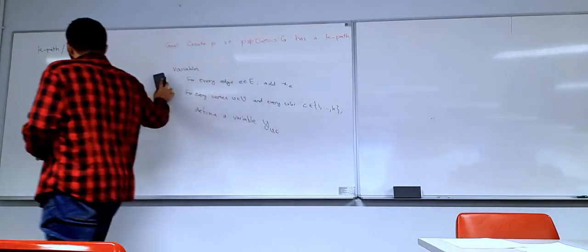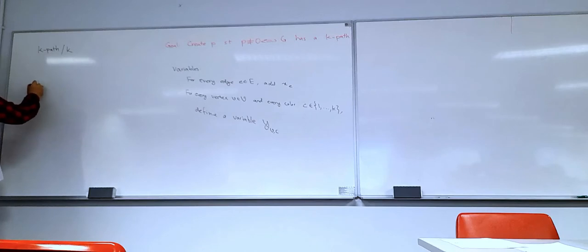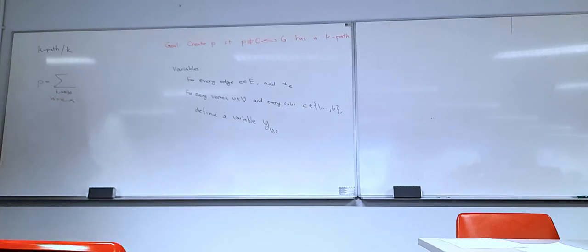Now, here's the important part. How do I define my polynomial p? So remember, what I want here is to make sure that anything that I add into my polynomial that is for walks that are not paths is going to cancel out. Okay? So this is the definition. I take the sum over all k walks W. So let's say I take every walk with k vertices, which is W, and let's say in it I have W1 to Wk. These are the vertices.